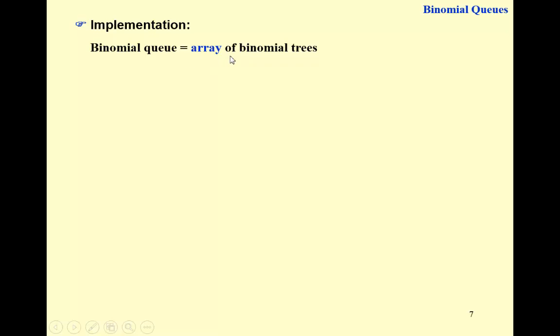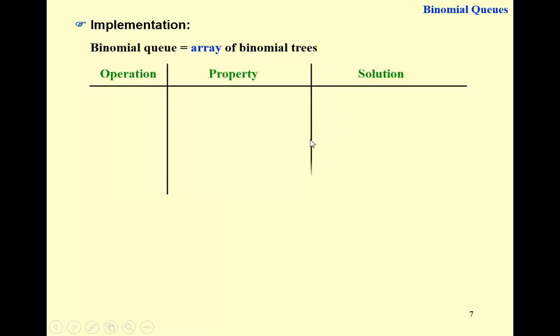So this is the basic structure. It's an array of binomial trees. But there are still other details to be considered. Let's take a look at this table. Here, I will list some important operations like delete min. The property of the structure we must have for delete min is that we must be able to find all the subtrees quickly.